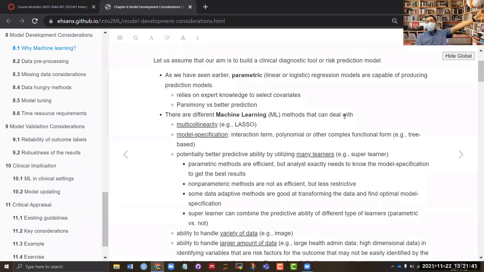But for machine learning methods, a machine learning method does not care about subject area knowledge. All it cares about is the correlation, whether these two variables are correlated or not. And that machine learning can do very well. It can identify all of the variables that are associated with that outcome. And it can also tell that some of these variables have almost nothing to do with the outcome.